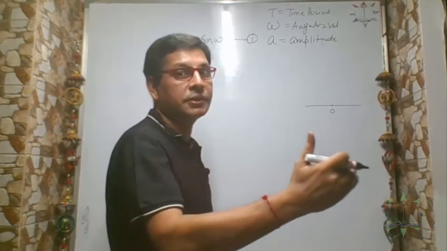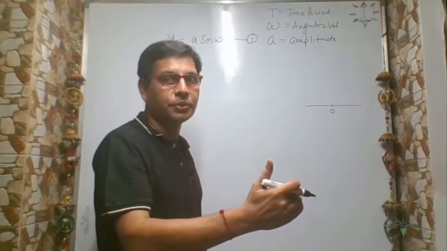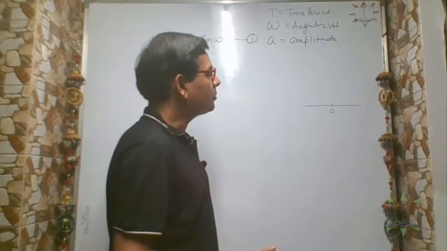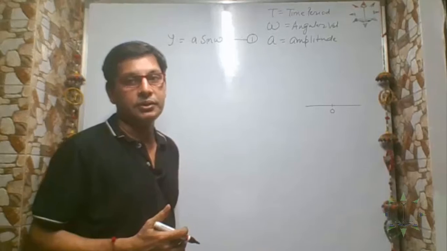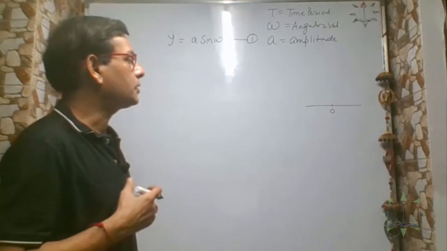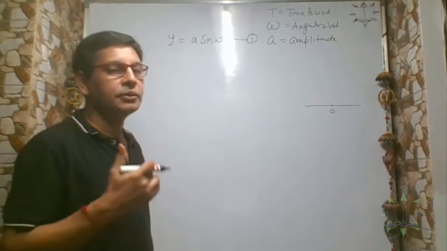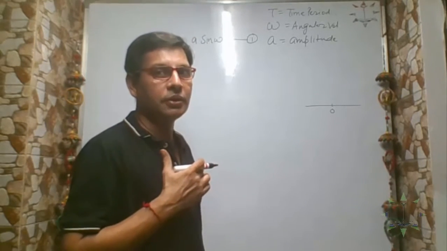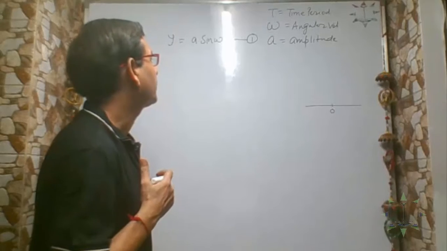It is continuously decreasing as it is going away from the mean position. So we have to find the instantaneous velocity, meaning velocity at a particular point or at a particular instant of time.